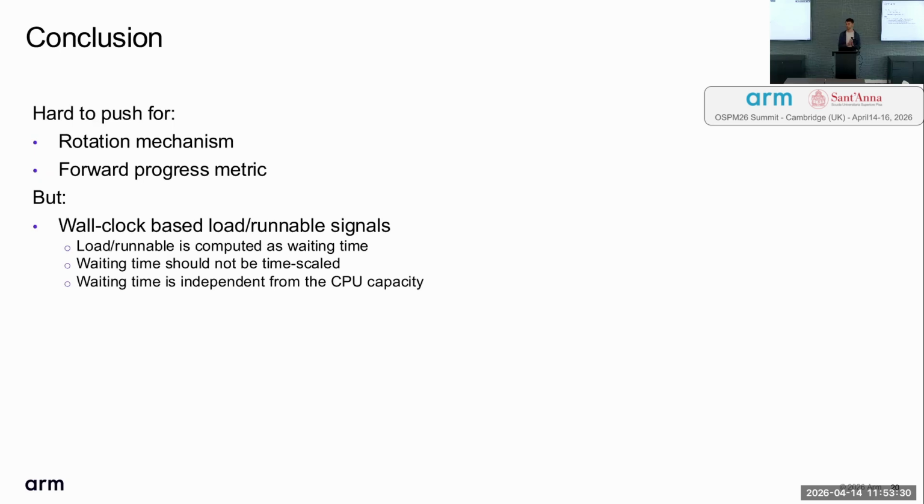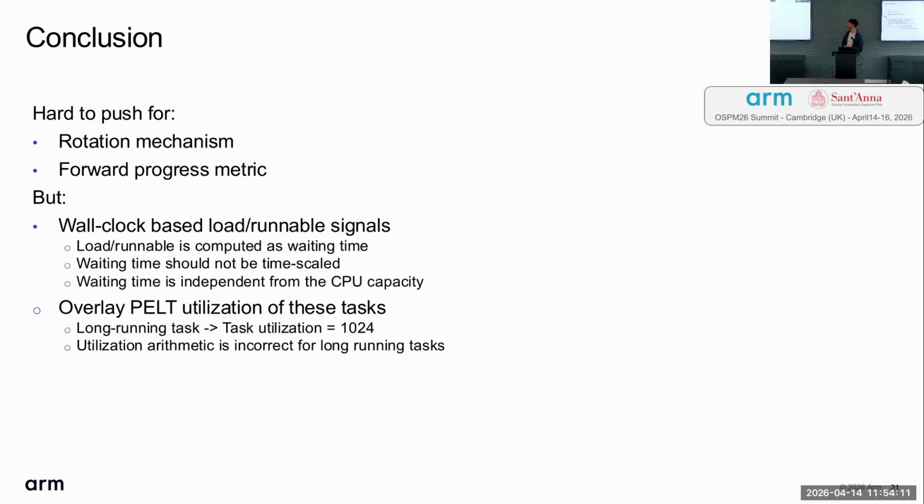I had to create wall clock based PELT signals, which is actually more correct for load on runnable computation, because the load on runnable signal represents more a waiting time, and you should not scale the waiting time. It's not representing what it meant initially.